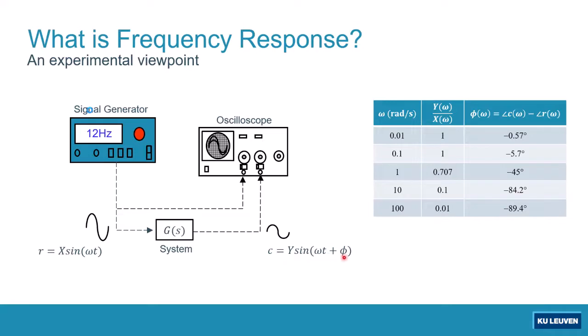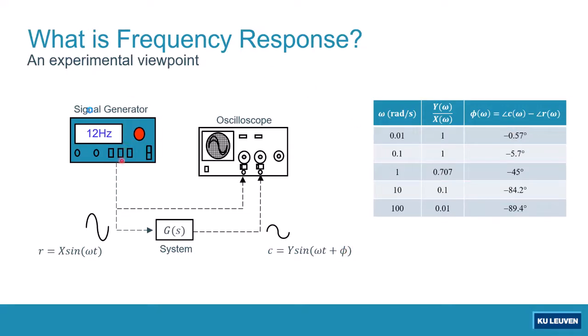You take note of the phase shift, comparing the response to the input, and then you take down here the ratio of the magnitude of the response to the amplitude of the input, the magnitude of Y over the magnitude of X. Take note of that, and then you also take note of the phi value.